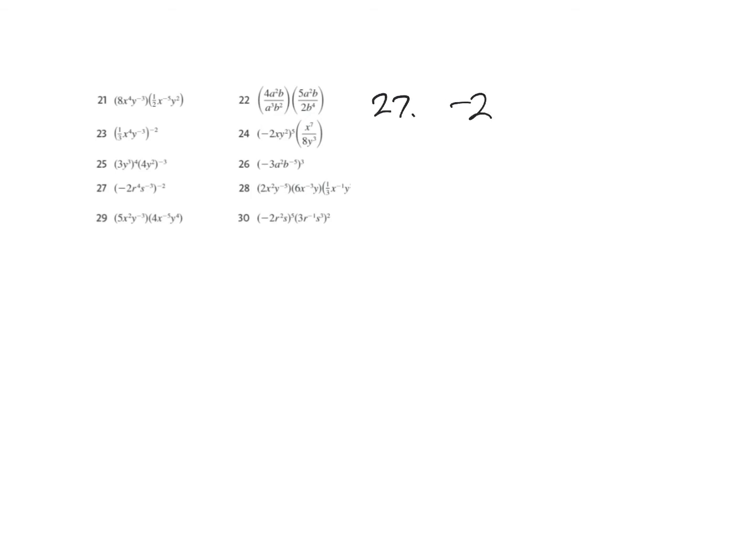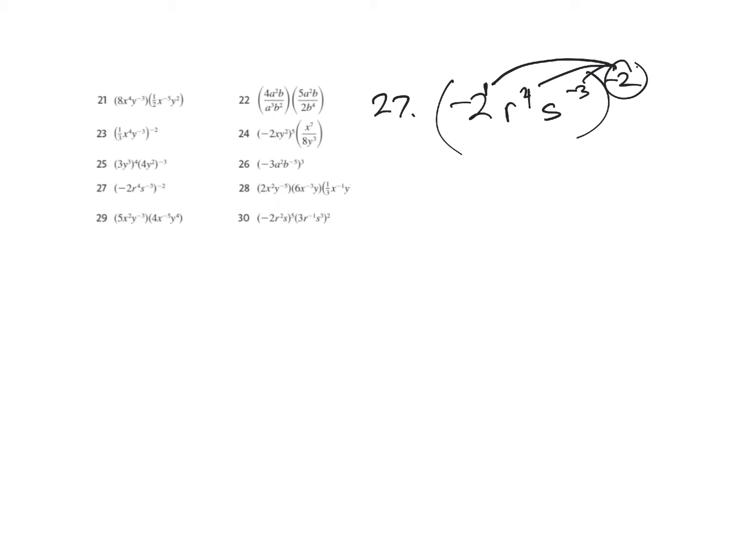is negative 2 r to the 4th s to the negative 3 to the negative second power. Again, distribute to every exponent. But that's a negative on the inside, okay? So this will be negative 2 to the negative second power.